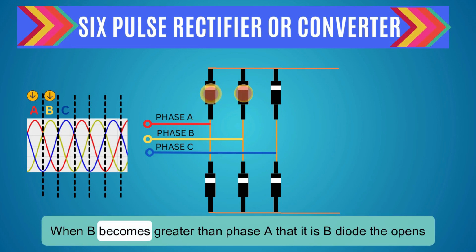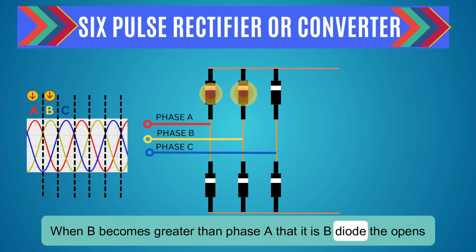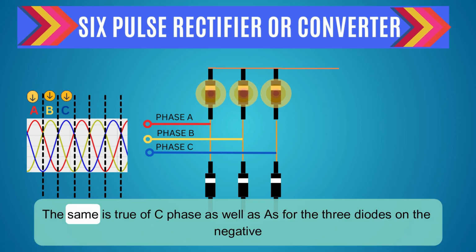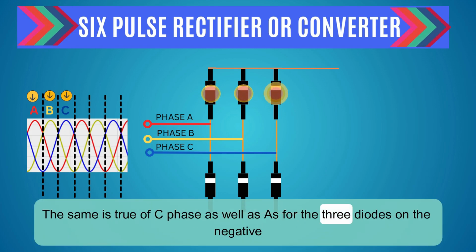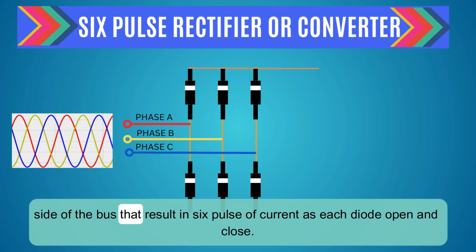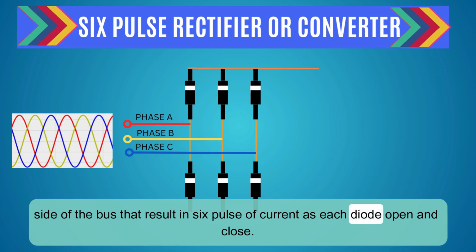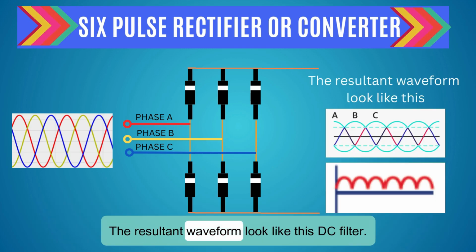When B becomes greater than phase A, the B diode opens while the phase A diode is closed. The same is true of phase C, as well as for the 3 diodes on the negative side of the bus, which results in 6 pulses of current as each diode opens and closes. The resultant waveform looks like this.